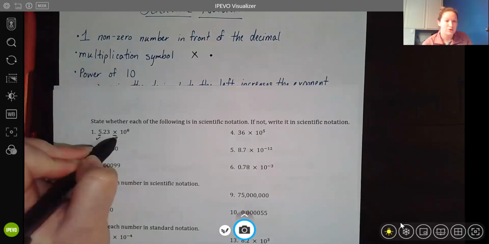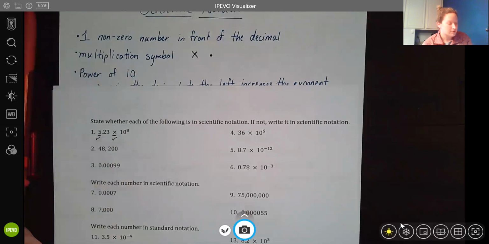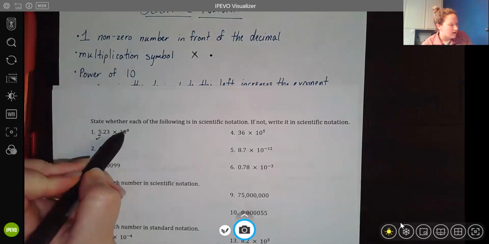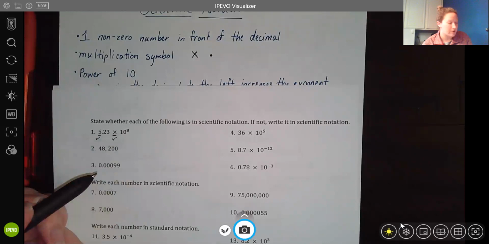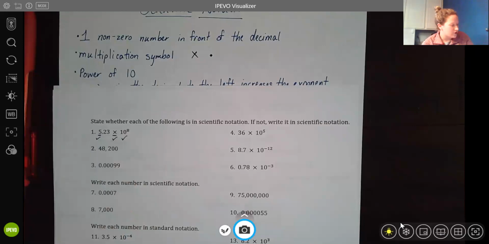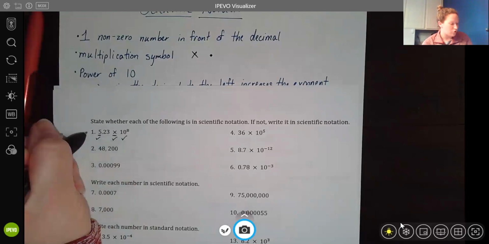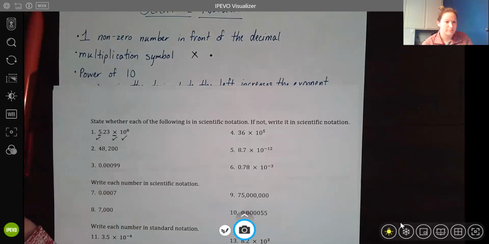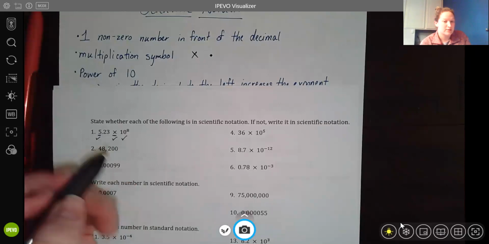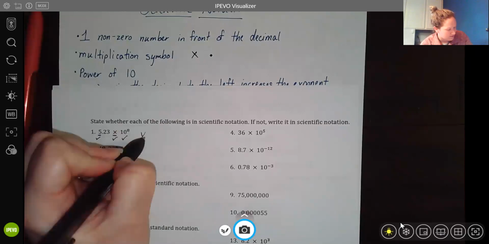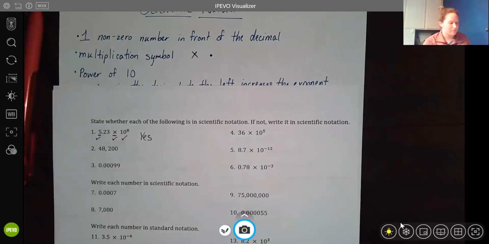We have that multiplication symbol. And then we have a power of 10, a base of 10 raised to some exponent. Check. So this first one is in correct scientific notation. Okay, so state whether it's in scientific notation. Yes, this one looks great.